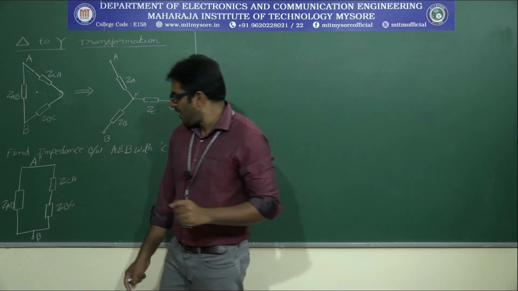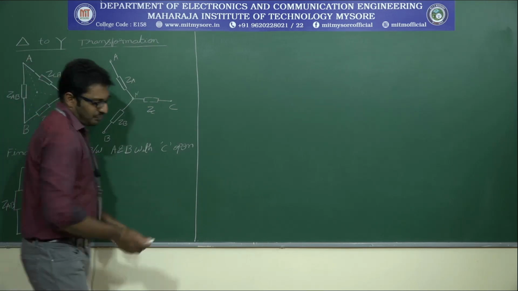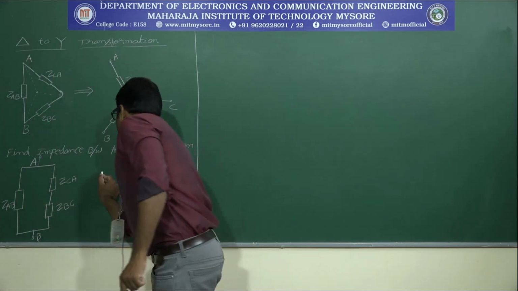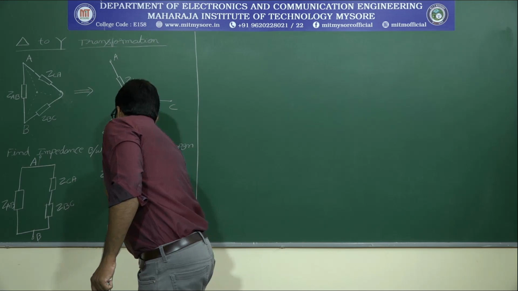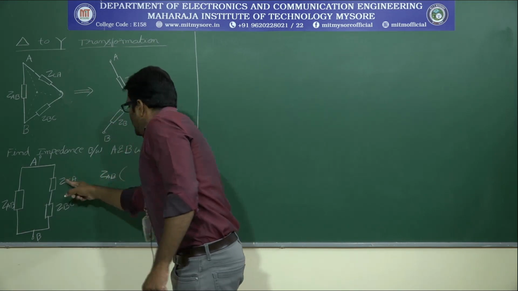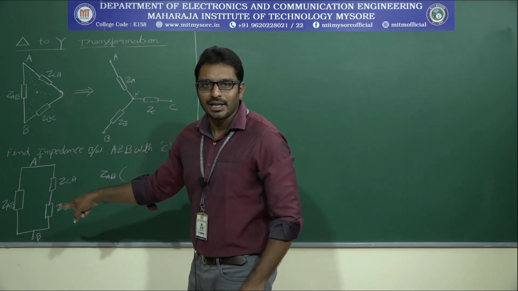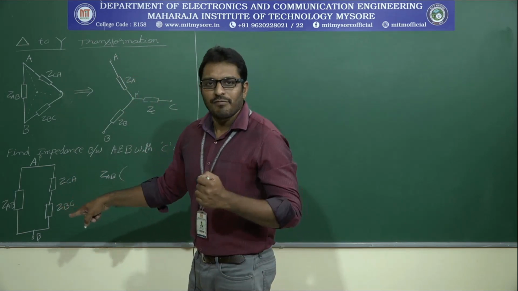Now what is the effective impedance? ZAB is connected in parallel with the series combination of these two. When two impedances are connected in series, what is the effective impedance?